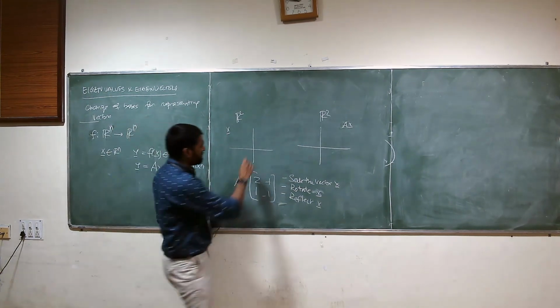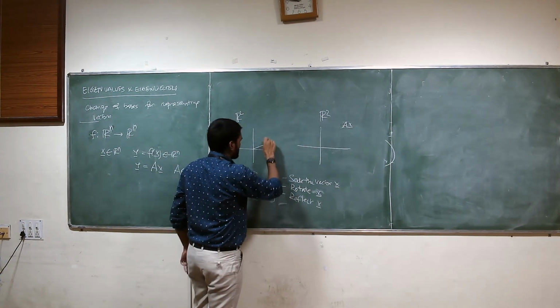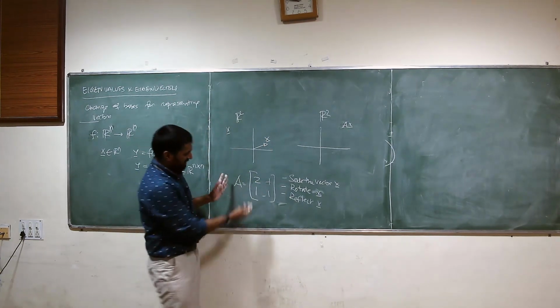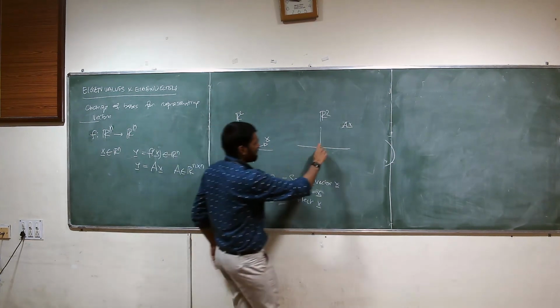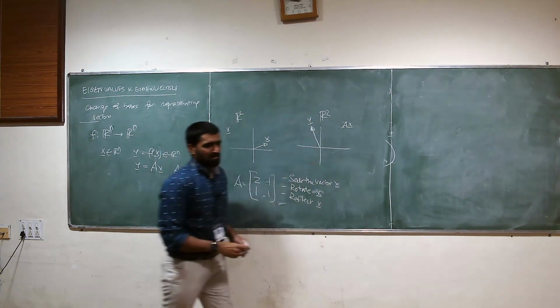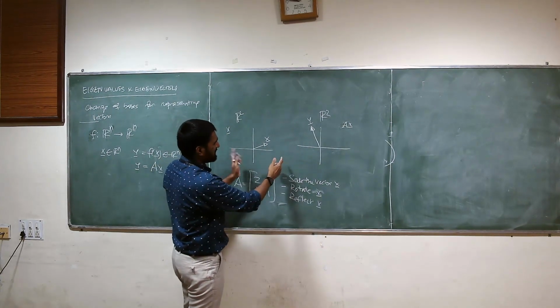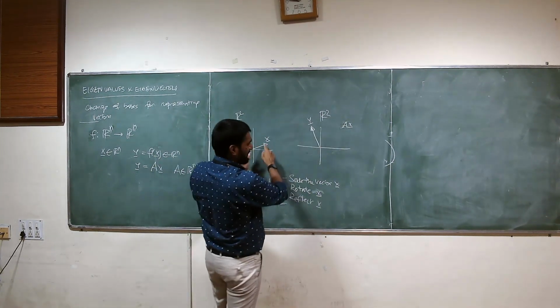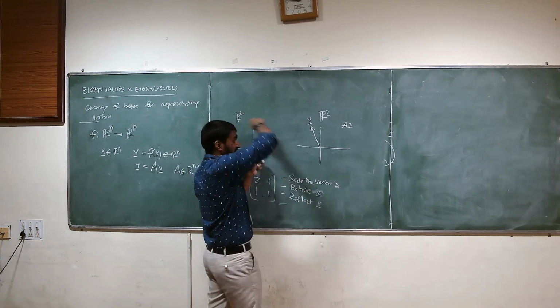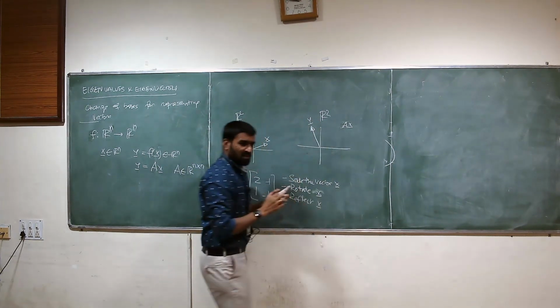So if I have an x here, and any arbitrary matrix A, I might get another vector y here. Let's say y is longer than x; I can think of this transformation as having stretched this x vector and then rotated it to get here. That's one way of thinking about it.